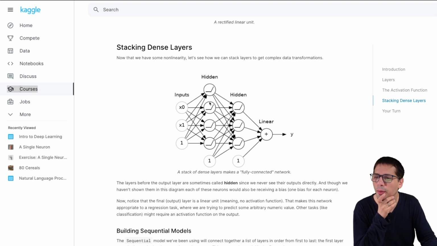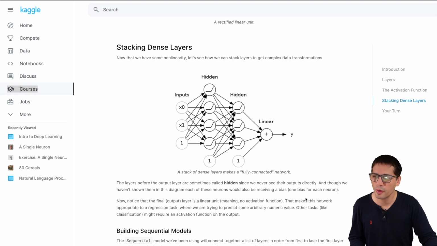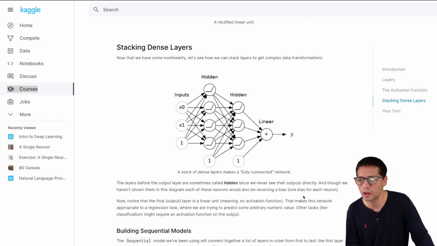These become inputs for the next layer, and then they also get rectified. The layers before the output layer are sometimes called hidden, since we never see their outputs directly. Hidden also means these are intermediate layers, right? Though we haven't shown them in this diagram, each of these neurons would also be receiving a bias, one bias for each neuron.